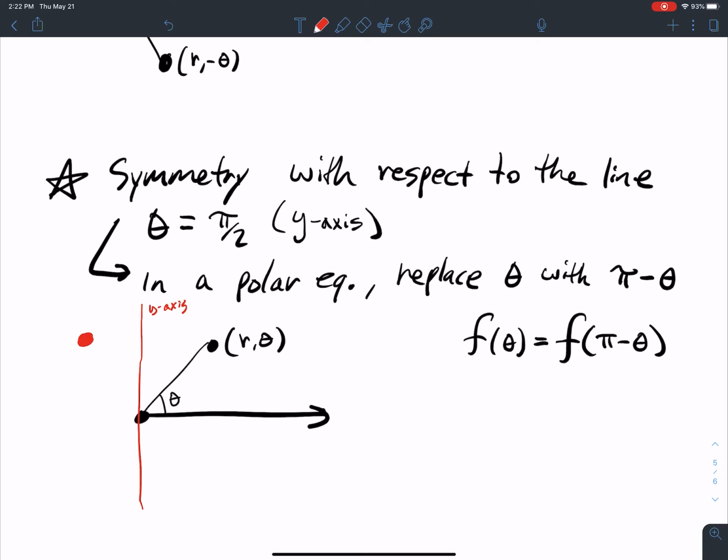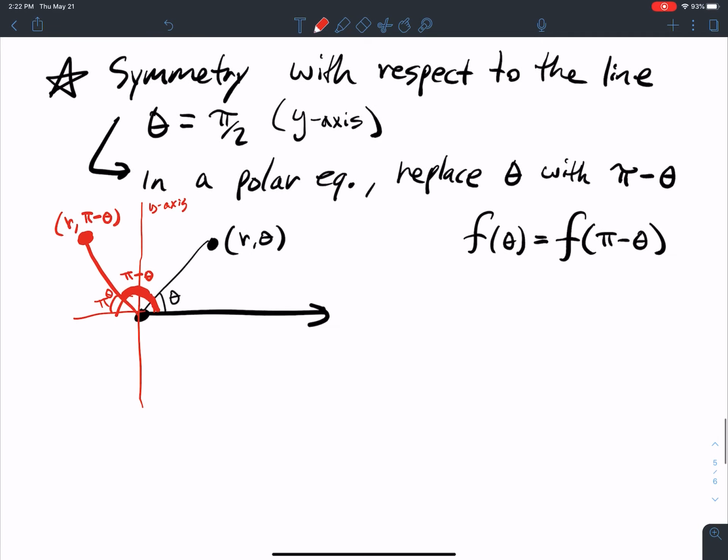Y-axis symmetry would be over here. Now, to get over to this point, if I go all the way over, I get to pi, right? But I want to subtract away this theta here. So that angle from here to here is pi minus theta. So this is r comma pi minus theta here. Okay?